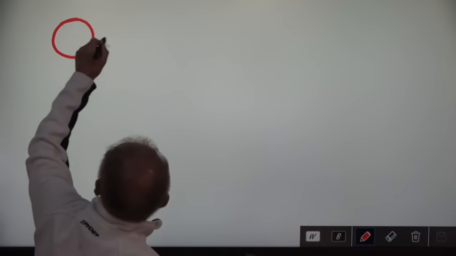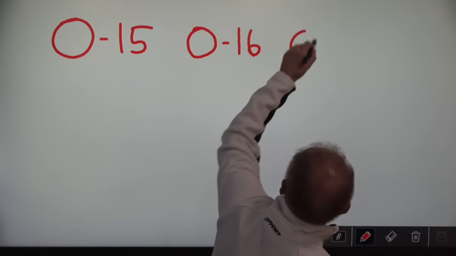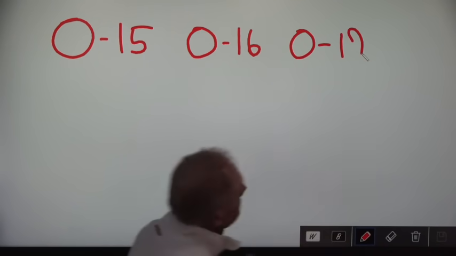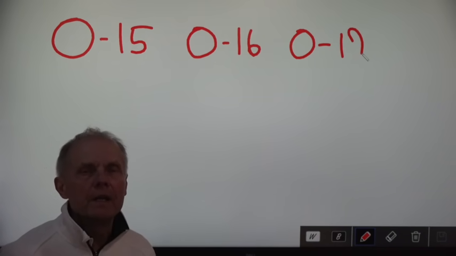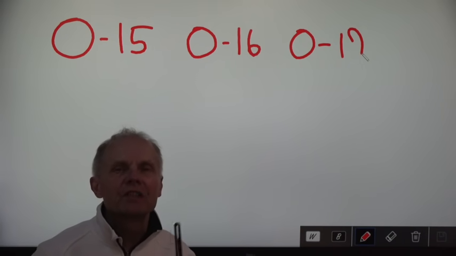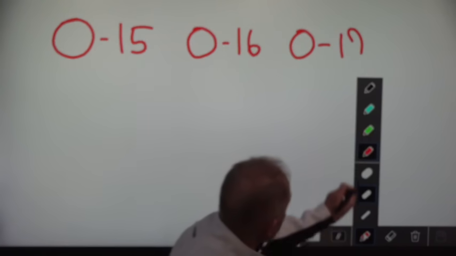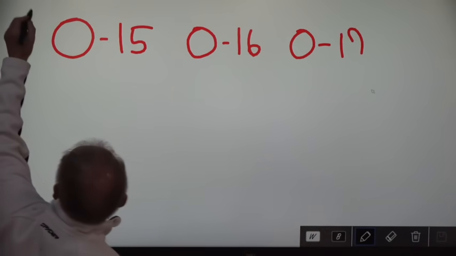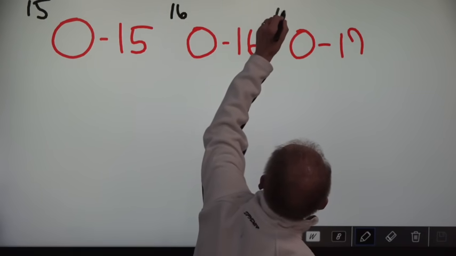Next one. Remember, I said I don't like the elements written that way, but that 15, 16, 17, that's the atomic mass. Okay? So the way I like it written is you put the 15 here, the 16 there, and the 17 there.